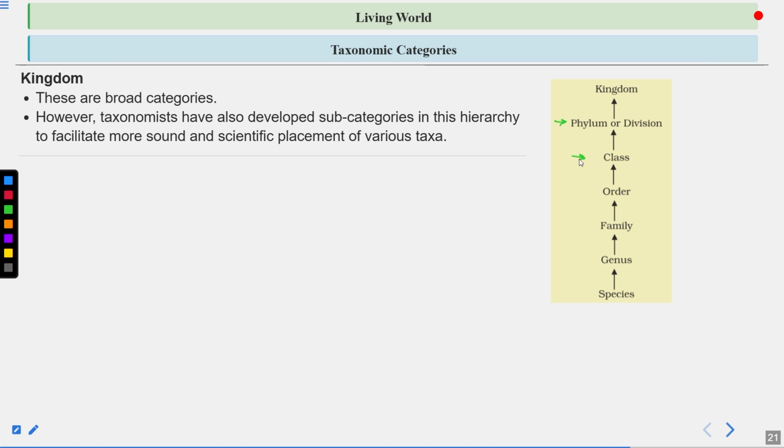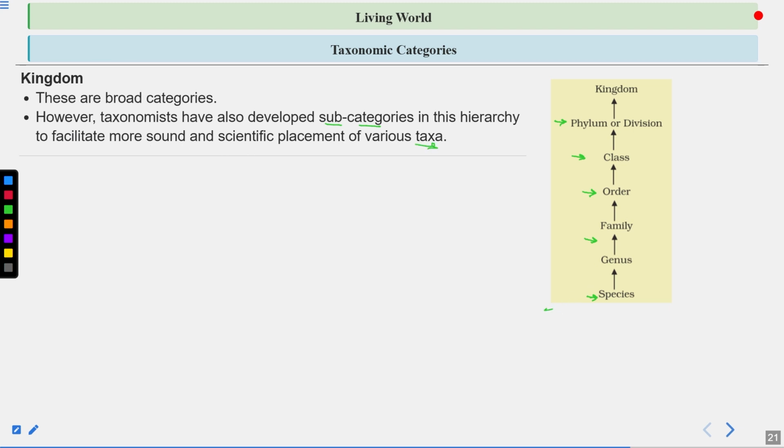Then you have the super order, which is above the order. Then you have the subfamily, between the family and the genus. And you have the subspecies, which is below the species. So taxonomists have developed subcategories in this hierarchy to facilitate more sound and scientific placement of various taxa.